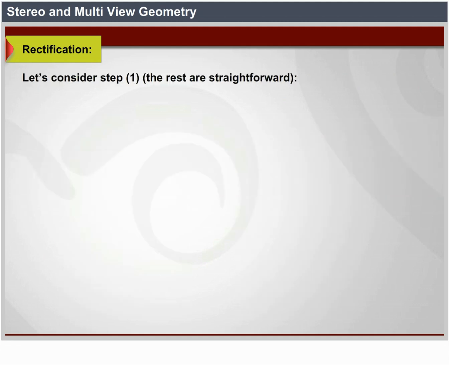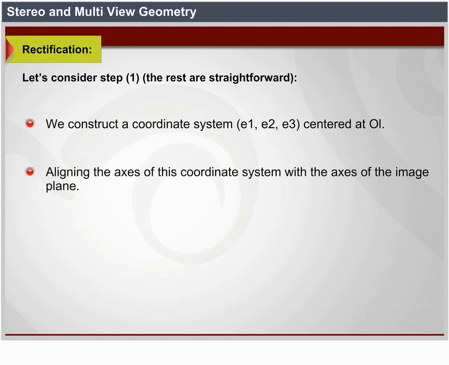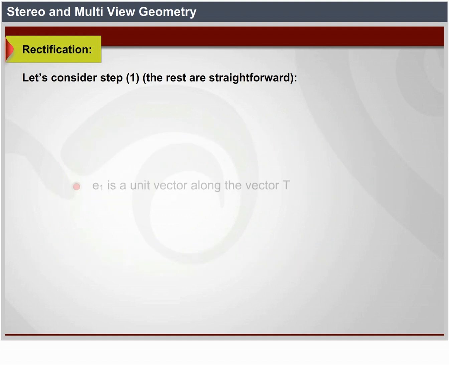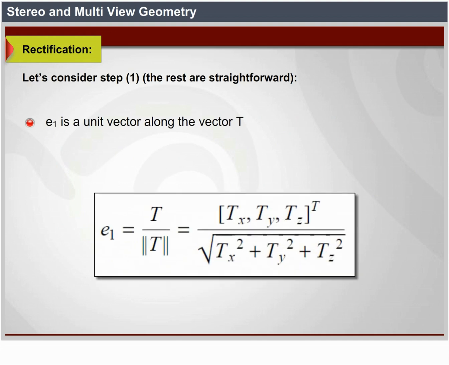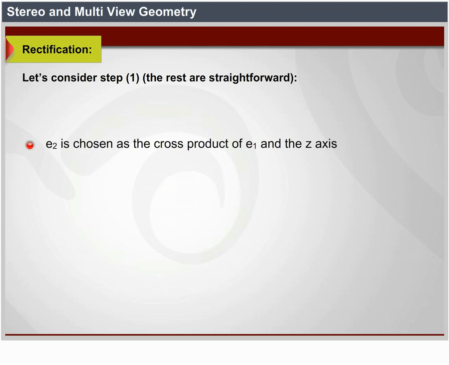We will construct a coordinate system e1, e2, e3 centered at OL. Aligning the axes of this coordinate system with the axes of the image plane yields the desired rotation matrix. e1 is a unit vector along the vector t, as per the equation on screen. e2 is chosen as a cross product of e1 and the z-axis, as per the equations on screen.